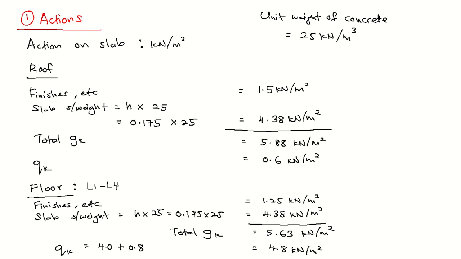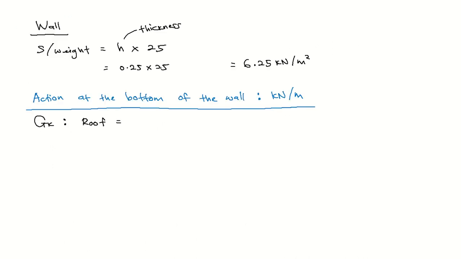Now the unit here is kilonewton per meter square. From the roof, imagine you have a load of 5.88 kilonewton per meter square, and we want to convert it into kilonewton per meter. How should we do it?